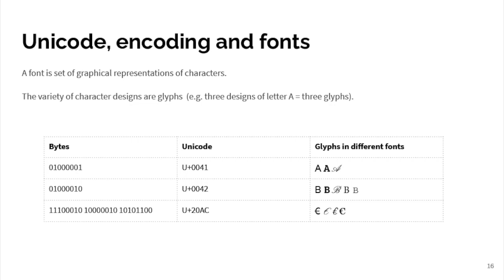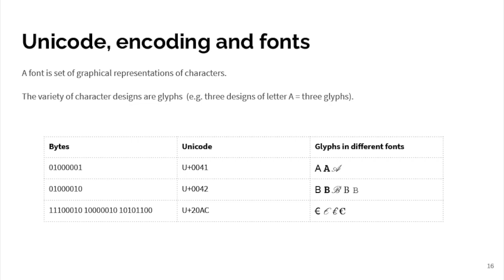So fonts are different ways of representing the characters. You can have a different shape font, but as long as that font points to that same Unicode code point, we know that it'll always represent a capital letter A. So we can swap the different fonts, and we'll always have a capital A.